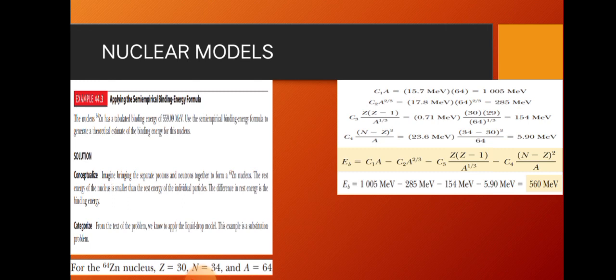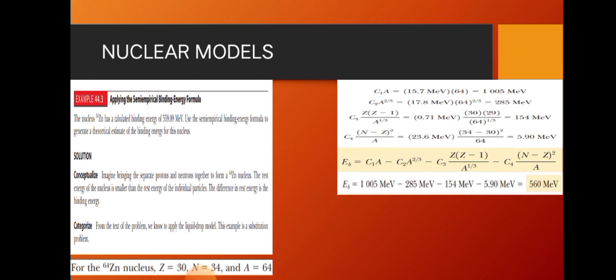In order to solve C3 times Z times Z minus 1 all over A raised to 1/3, we substitute our values for C3, which is 0.71 MeV, multiplied by 30, which is Z, and 30 minus 1 is 29, all over 64 to the 1/3, and this gives us 154 MeV.